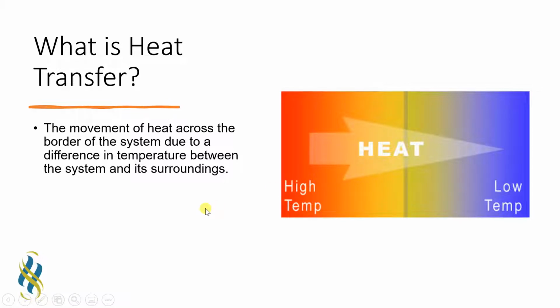So heat transfer क्या है? थर्मोडायनेमिक सिस्टम के अकॉर्डिंग हीट ट्रांसफ़र को हम डिफ़ाइन कर सकते हैं मूवमेंट ऑफ हीट की फॉर्म के अंदर, जो कि एक बॉर्डर सिस्टम के अक्रॉस मूव करती है ड्यू टू अ डिफरेंस इन टेम्परेचर between these two systems and its surroundings. For example, this is a border system and there is a difference between two temperatures.